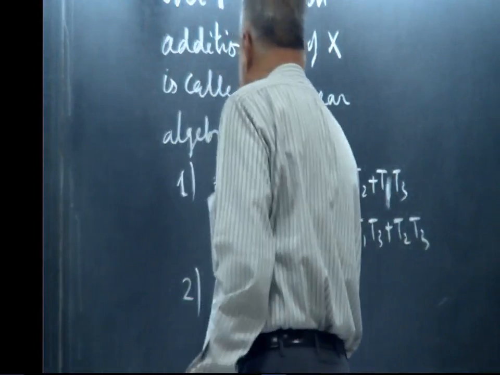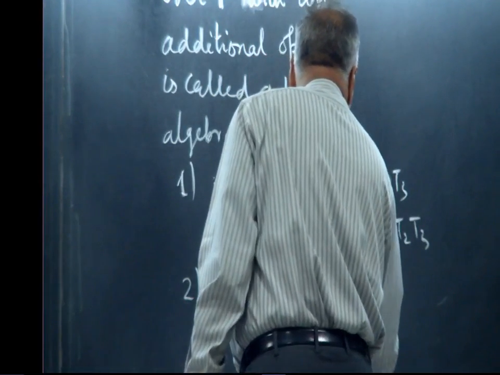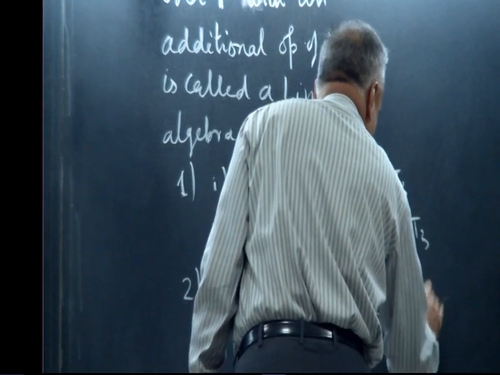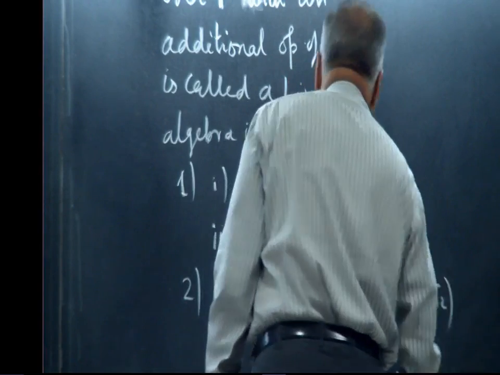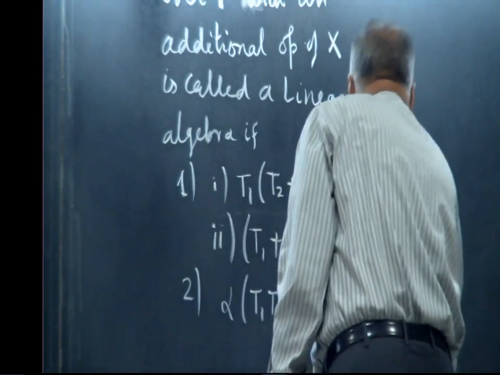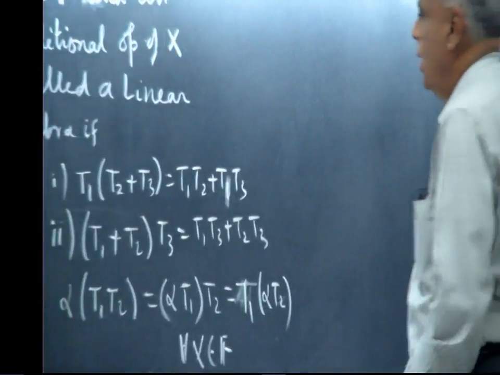And the second is that alpha T1 T2 is equal to T1 alpha T2 for all alpha in F.